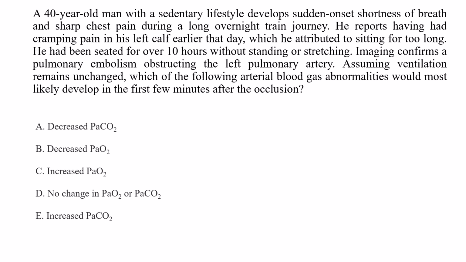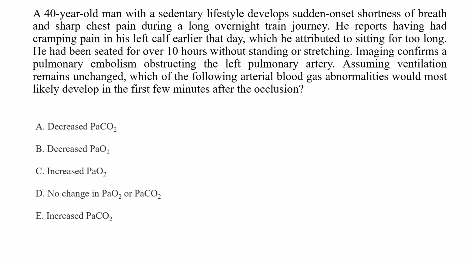Now, this clinical scenario is a classic setup for a deep vein thrombosis. In this patient, the clot embolizes to the left pulmonary artery, causing abrupt loss of perfusion to the left lung, and the ventilation remains unchanged.